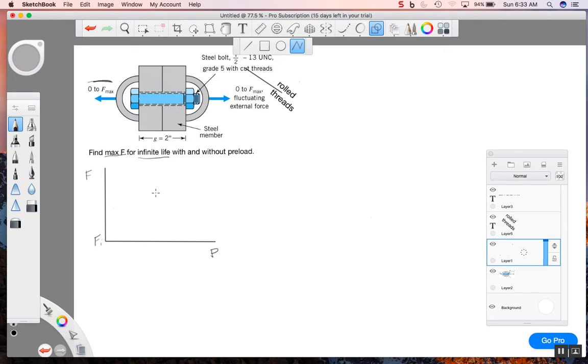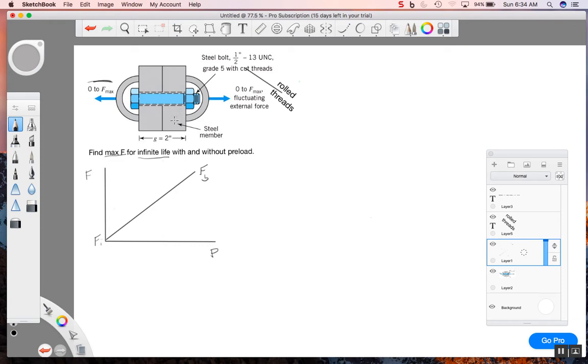I start down here in the corner and load this thing up. The force in my bolt winds up being all of this, and my compressive load is 0 the whole time. Well, we still have to figure out what the max load is.